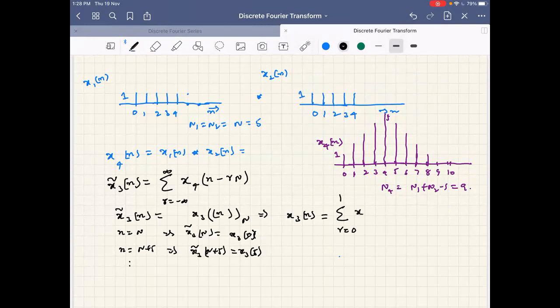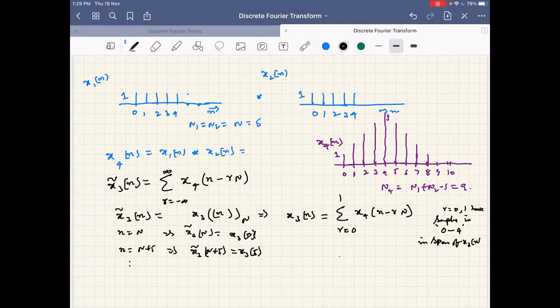Remaining have no samples in this region: x4 of n minus rn. Samples in 0 to 4, in the span of x3 of n.